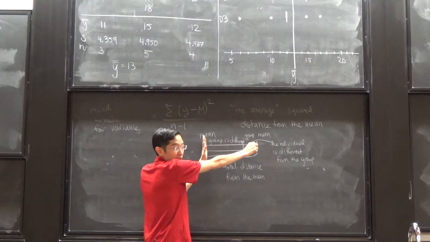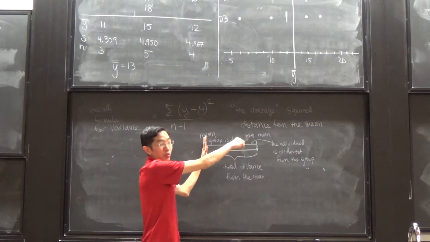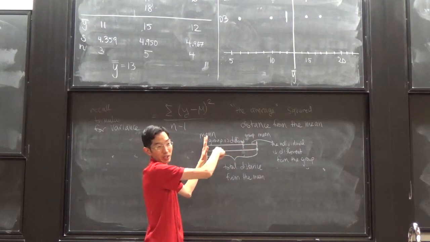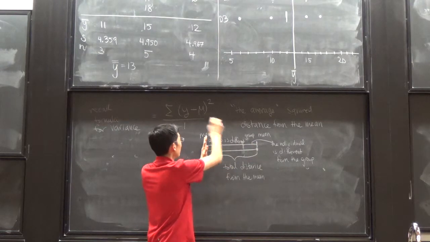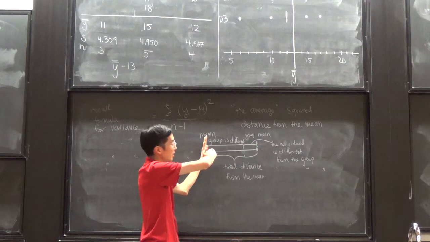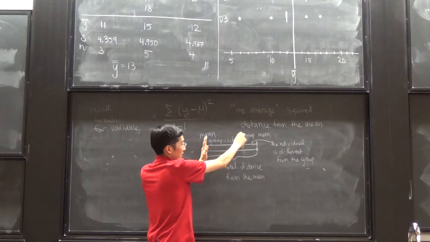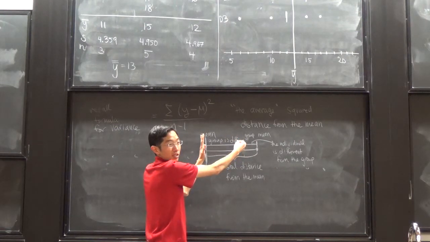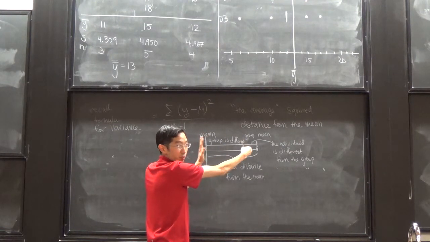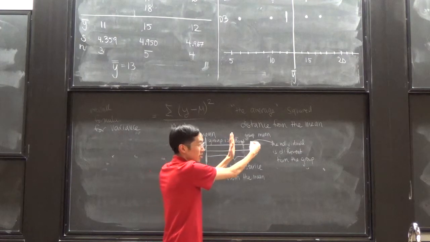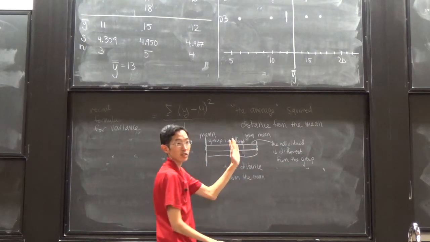That's what will go into total variance. We're just looking at the difference from the mean. But we're going to break up this difference into two parts. One is attributed to the group difference, and the other part is attributed just to individual differences.